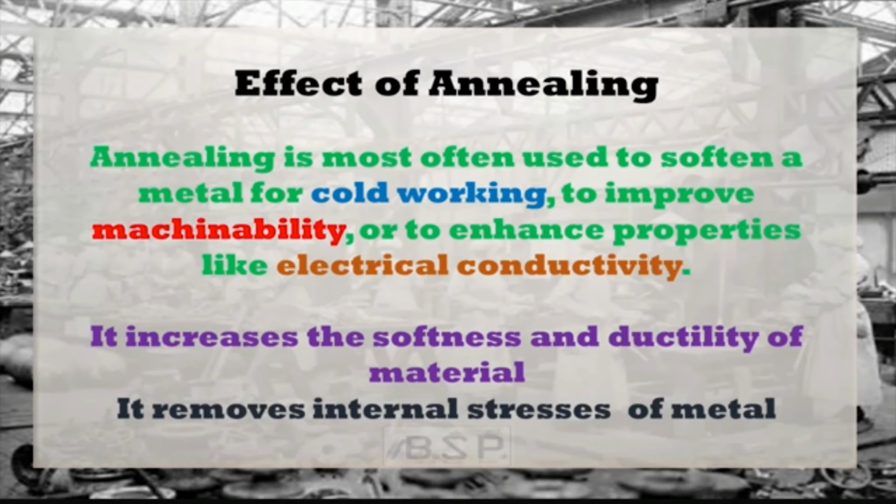Now let's see the effect of annealing. Annealing is most often used to soften a metal for cold working, to improve machinability, or to enhance properties like electrical conductivity. It increases the softness and ductility of material. It removes internal stresses of metal.